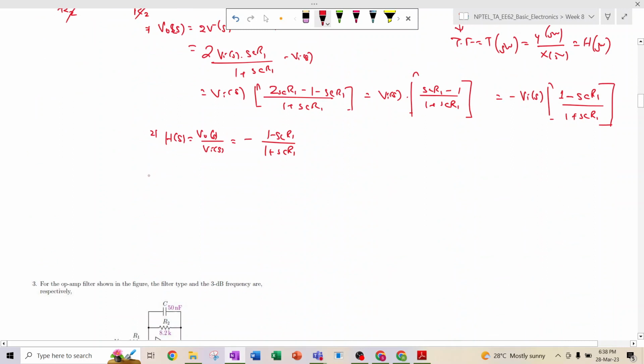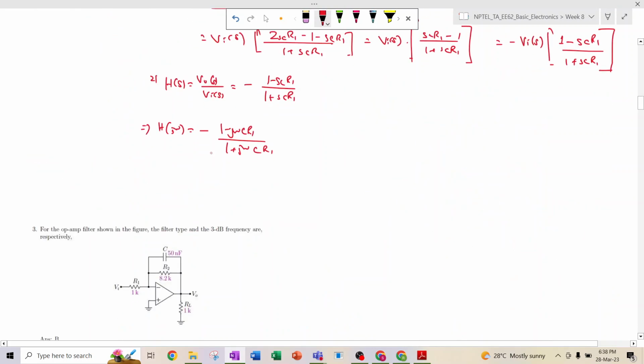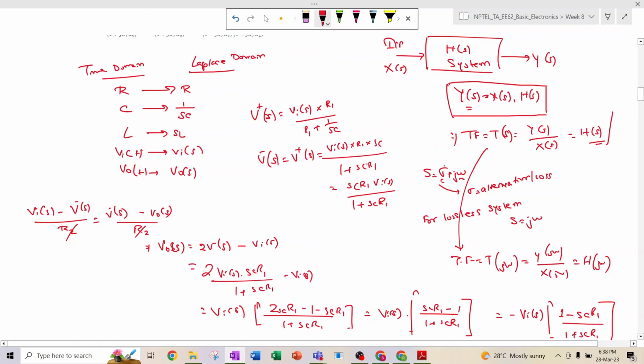So H of j omega is minus (1 minus j omega CR1) divided by 1 plus j omega CR1. If we consider minus 1 as k, it will be k into (1 minus j omega CR1) divided by 1 plus j omega CR1. This will be the transfer function.